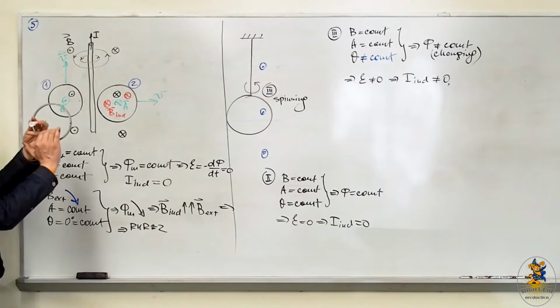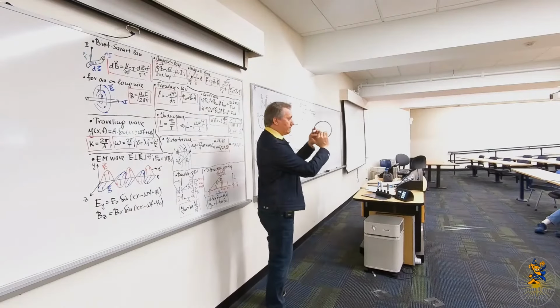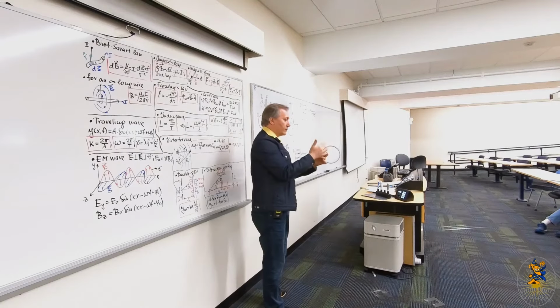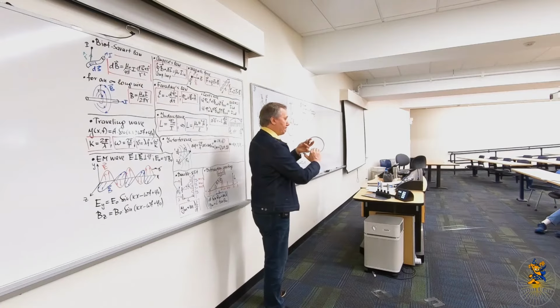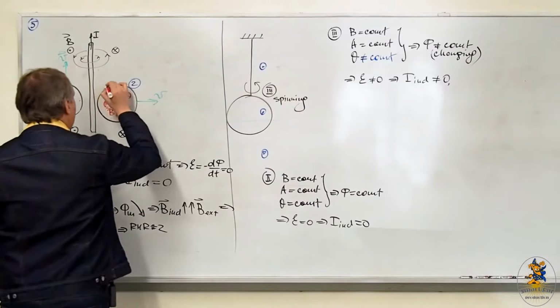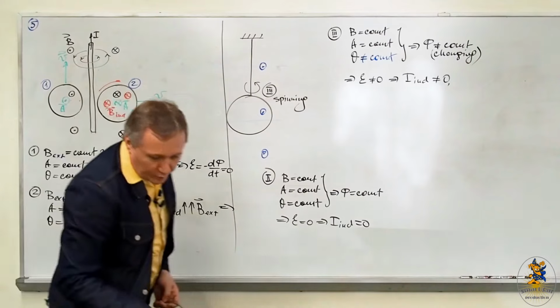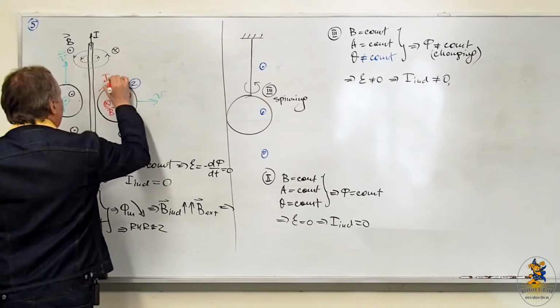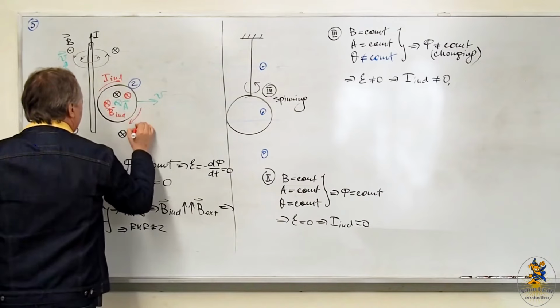So first I need to match that direction with my fingers, and my thumb gives me this direction. Which is, what is that, clockwise. I'm getting clockwise direction. So you see, I need to match this direction with my fingers. Let me check my notes, clockwise. Yeah.